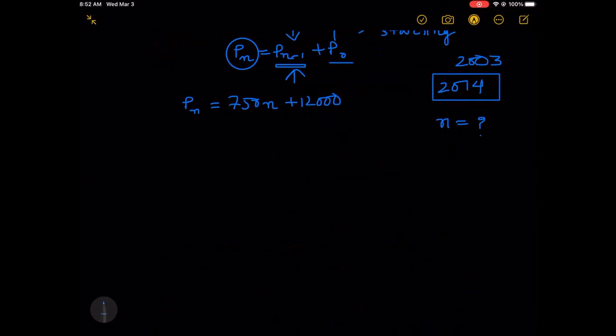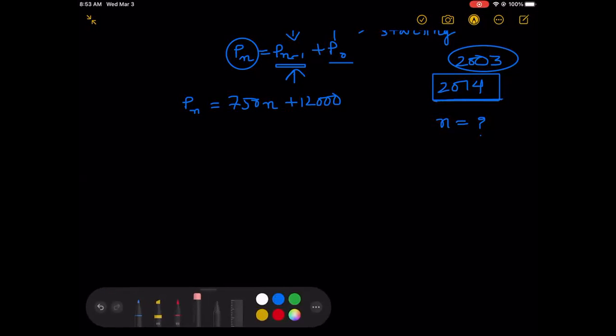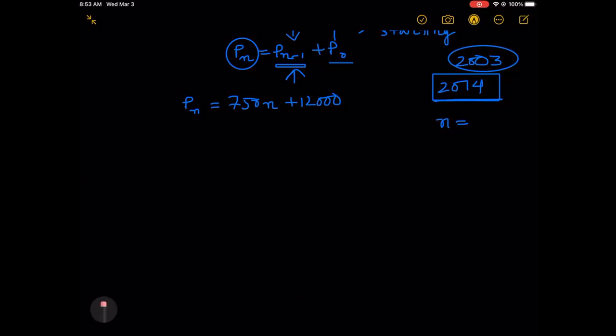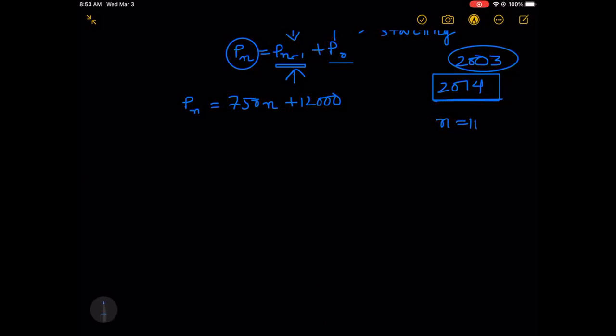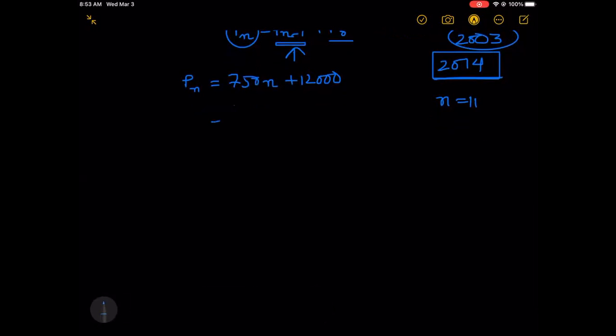So clearly you can see we started from 2003. We're looking for the population in 2014. So that means we just want to calculate what will be the population after 11 years. Okay, so if we just plug in 11 here, so P of 11, 750 times 11 plus 12,000.